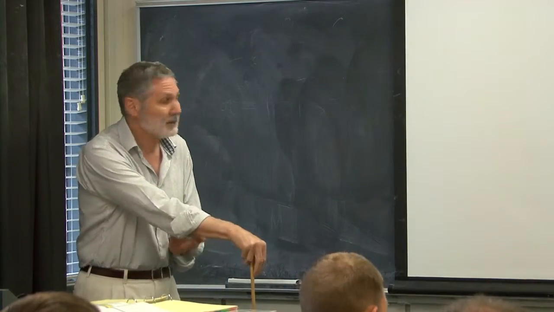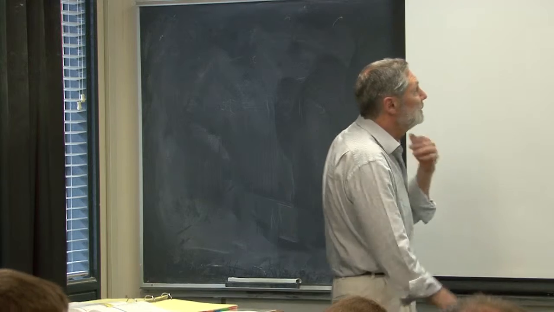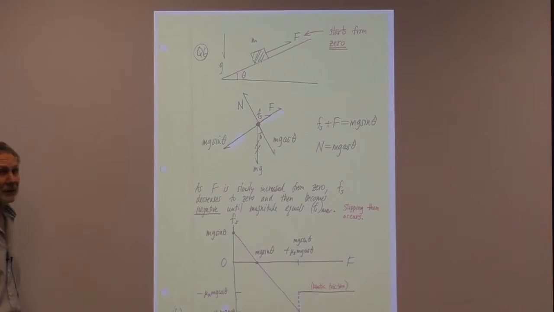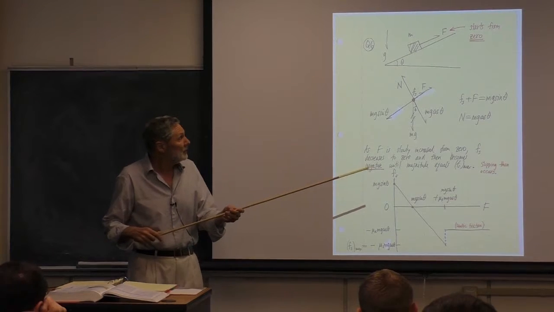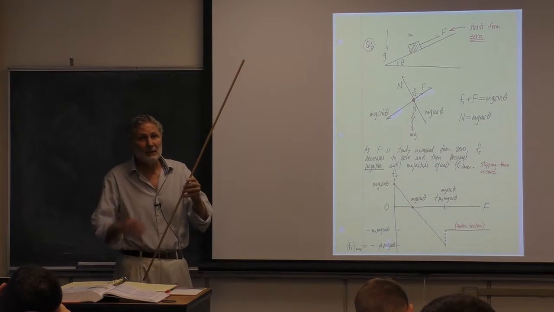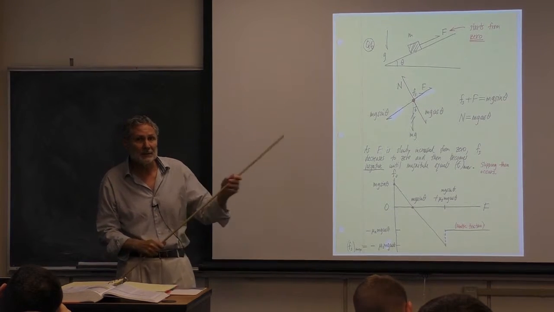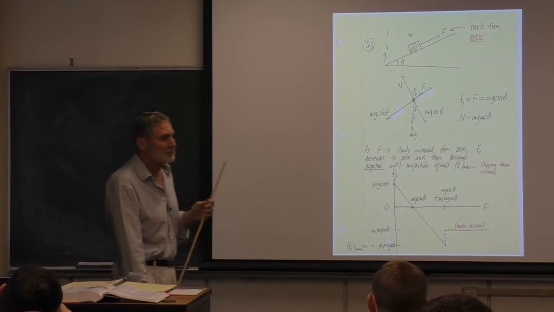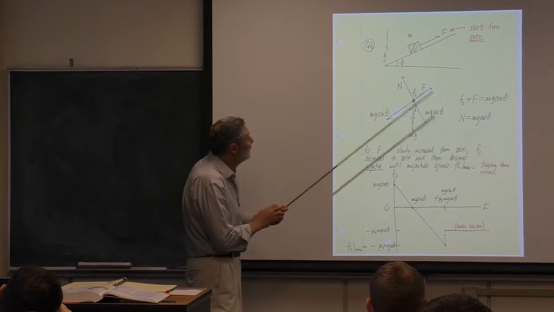Well, the static friction is keeping it from accelerating down the ramp. Now that's not always the case, but in this case, if you make this angle too big, it's going to slip. We demonstrated that, and it's obvious. Remember that? The plank and the block, that box with the weights in it.